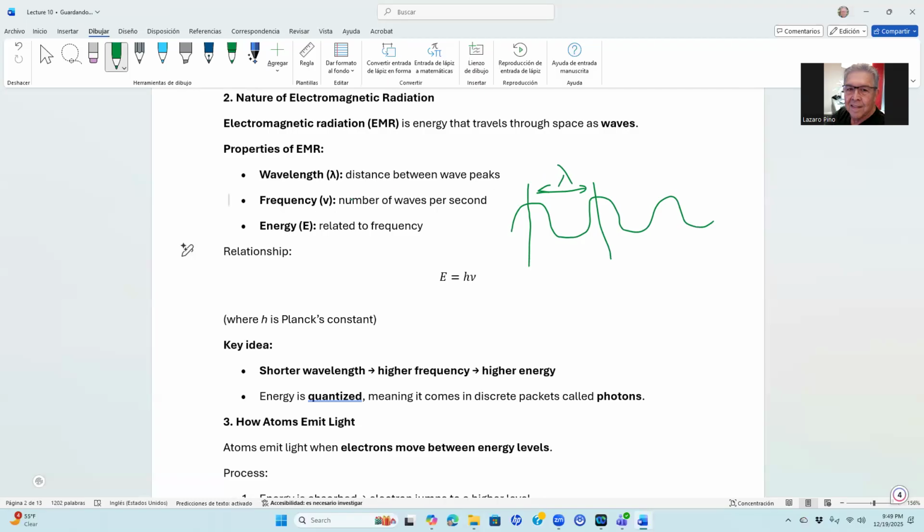The frequency is the inverse of this. Then we can say that c, the speed of light, divided by the frequency, is lambda. This is the relationship between lambda, or wavelength, times the frequency. And the energy is Planck's constant times the frequency of the light.